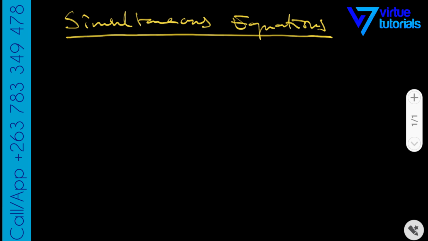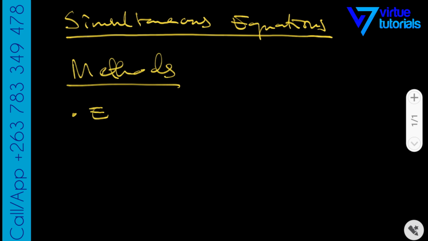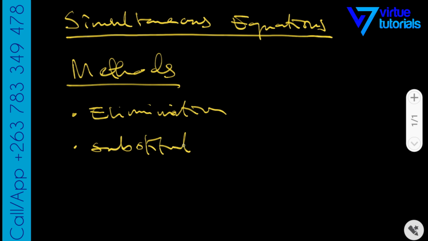Now for this, we have different methods. We've got a method known as the elimination method, we've got the substitution method, and then we have the matrix method.